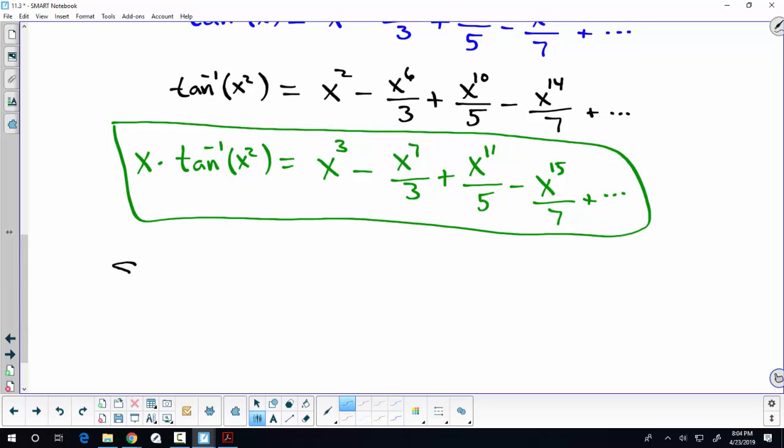Yeah, so for inverse tangent it was -1 to the k, x to the 2k plus 1 over 2k plus 1. So we would substitute, and we need to actually multiply by x as well. We would substitute that x squared, and then we'd have the power x to the 4k plus 2, plus another 1.